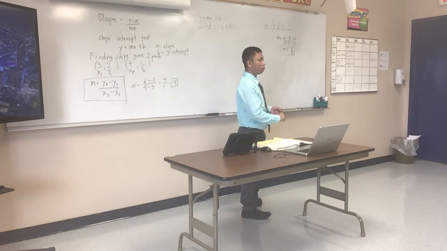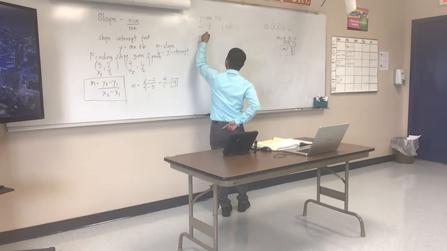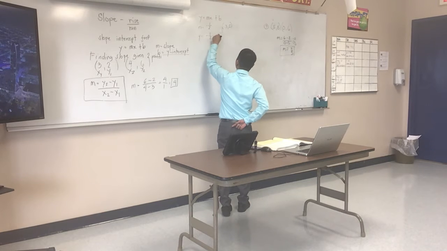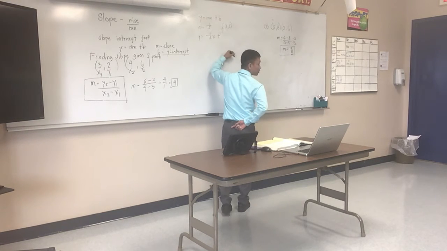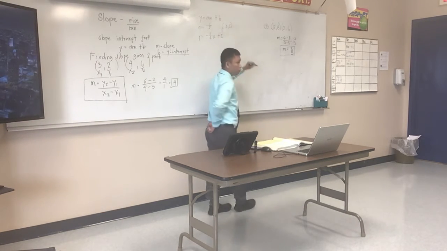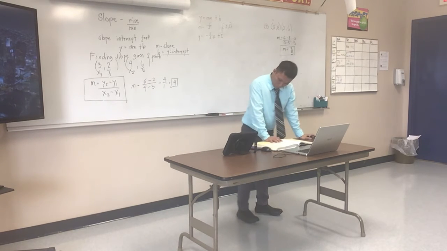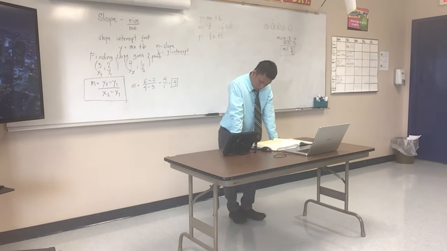Okay, so that would be y is equal to, our m is negative 1/2 x plus 5. Isn't it that b is the y-intercept?